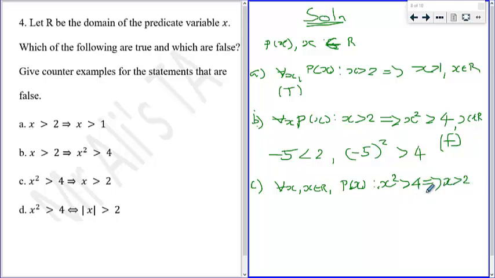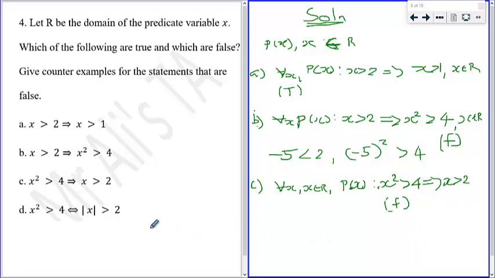If you analyze this carefully, you realize that the converse of B is C. This statement is also false because -5 squared is greater than 4, but -5 is not greater than 2. So this statement is also false.